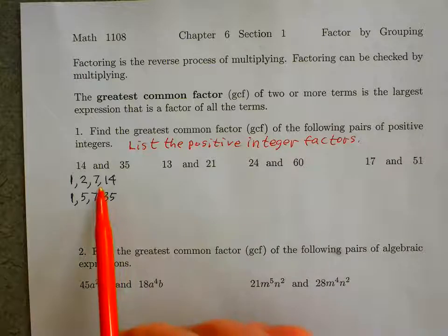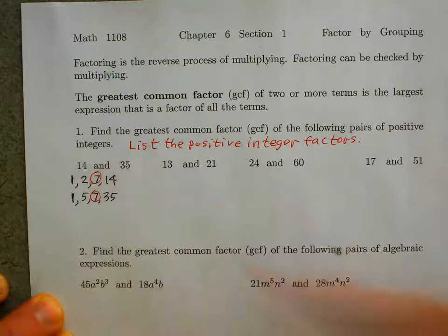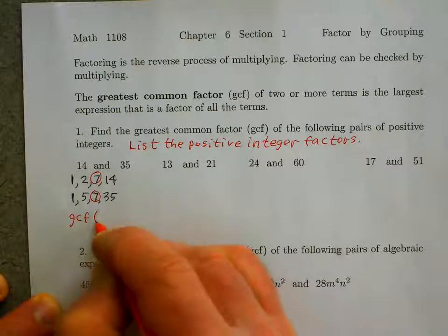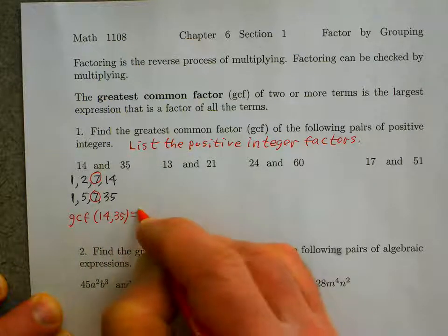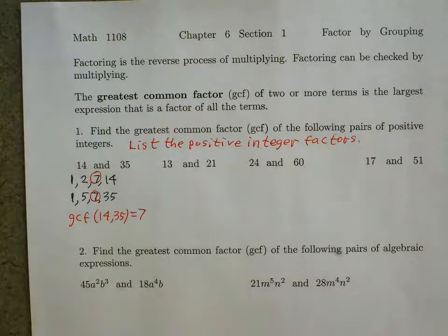Then the largest factor that is in both lists is 7. So we would say that the greatest common factor of 14 and 35 is 7. So that's all there is to that.